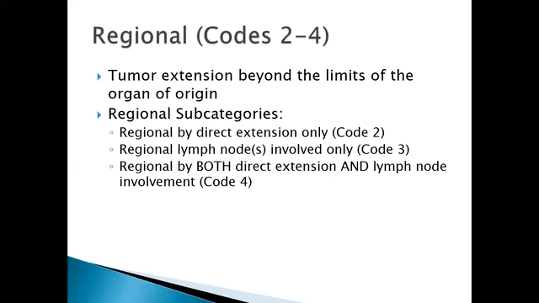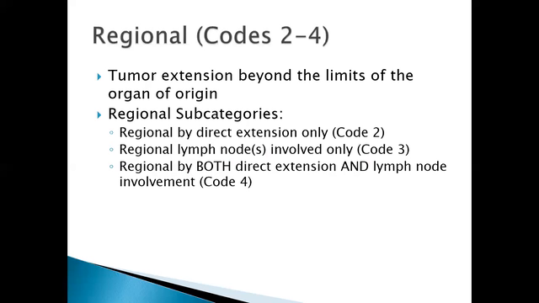So if you have both, you have code 4. It's always a fun way for me to remember that 2 plus 3 is really 4 when it comes to summary stage. Just don't teach that math to your children because they will think you're crazy. But when it comes to summary stage, 2 plus 3 equals code 4.